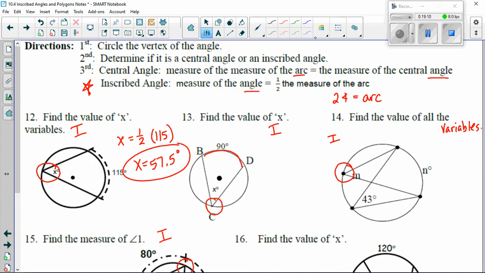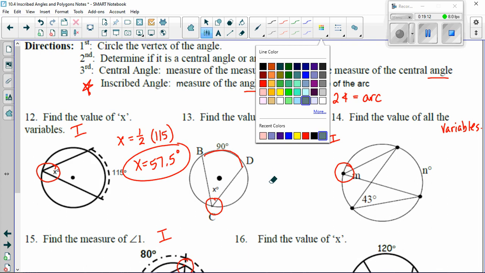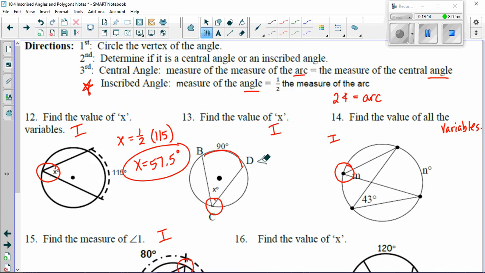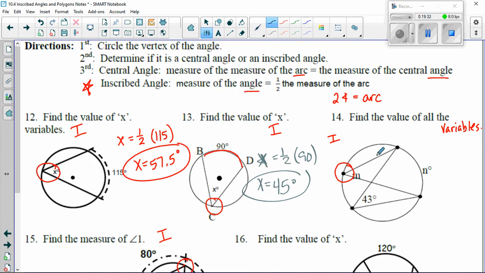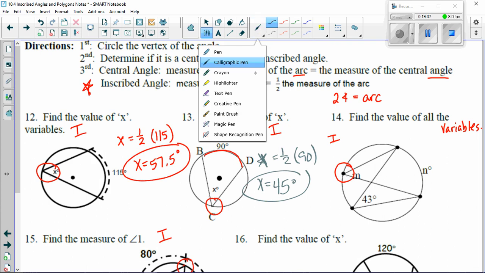All right, so we know the angle, which is x, is equal to half the arc, which is 90. So x is 45 degrees.